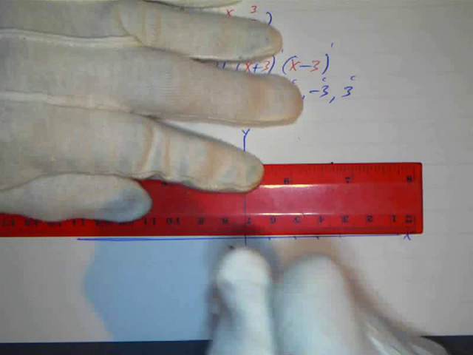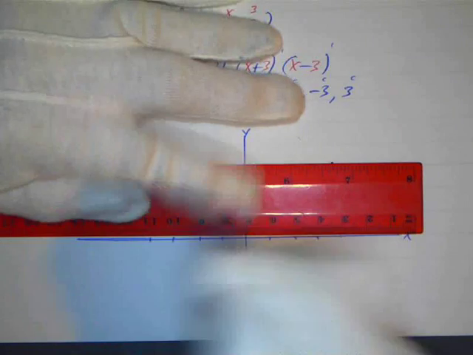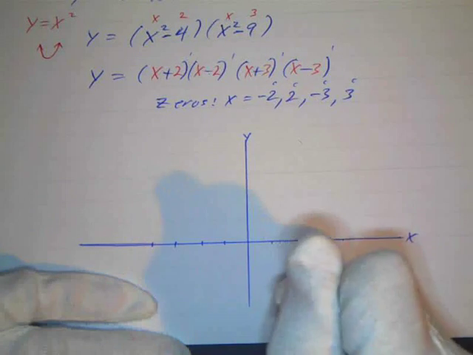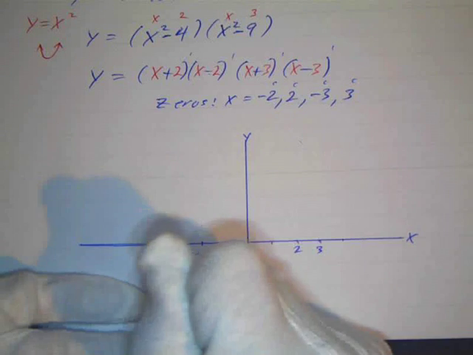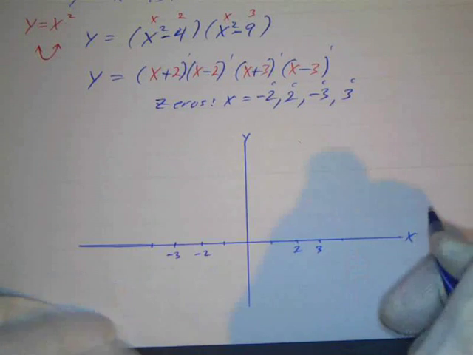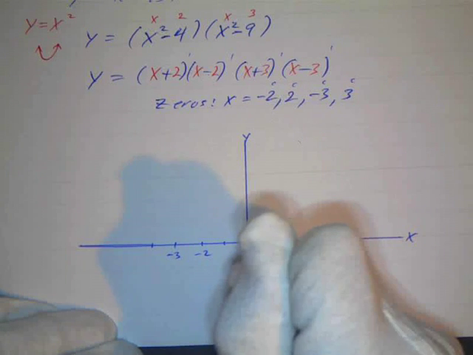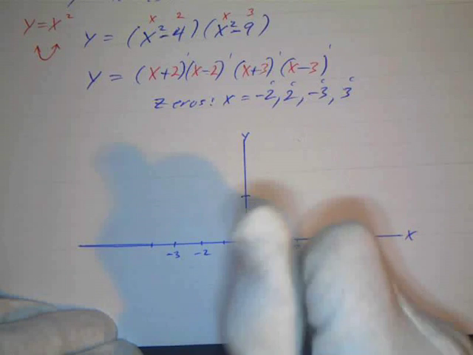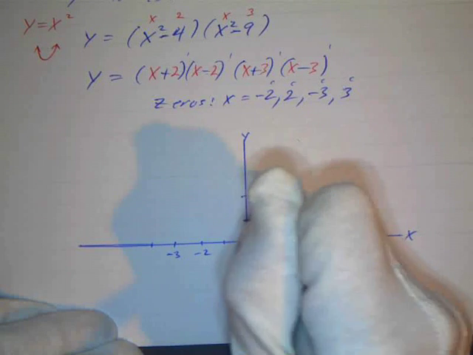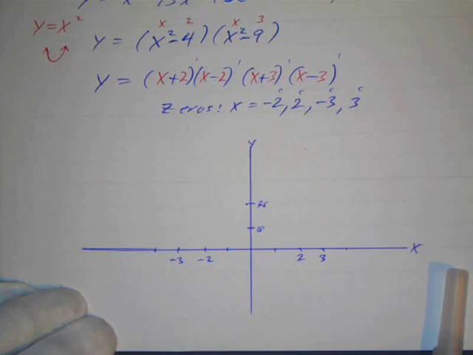I will go 4. 1, 2, 3, 4. So this will be 2, negative 2, 3, negative 3. All right, and my intercept is going to be 36, so I'll make this 18 and make this 36, so it doesn't go too high. So I use a different scale for that. Put my zeros in.